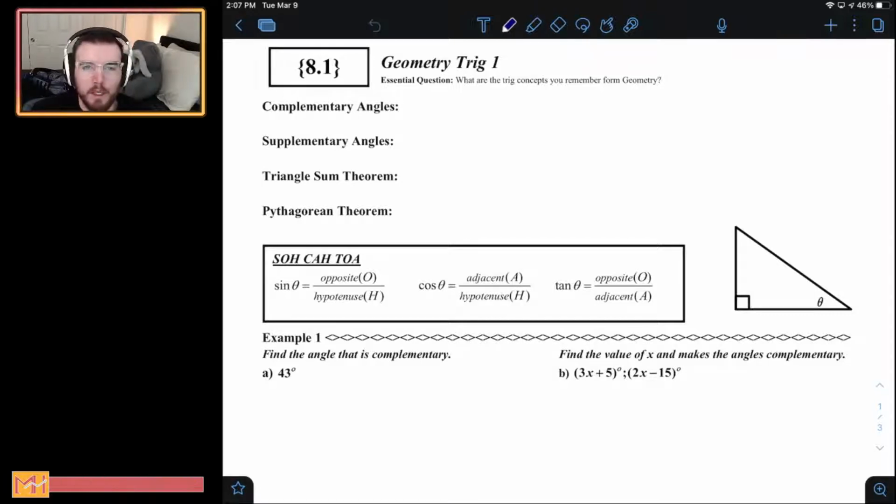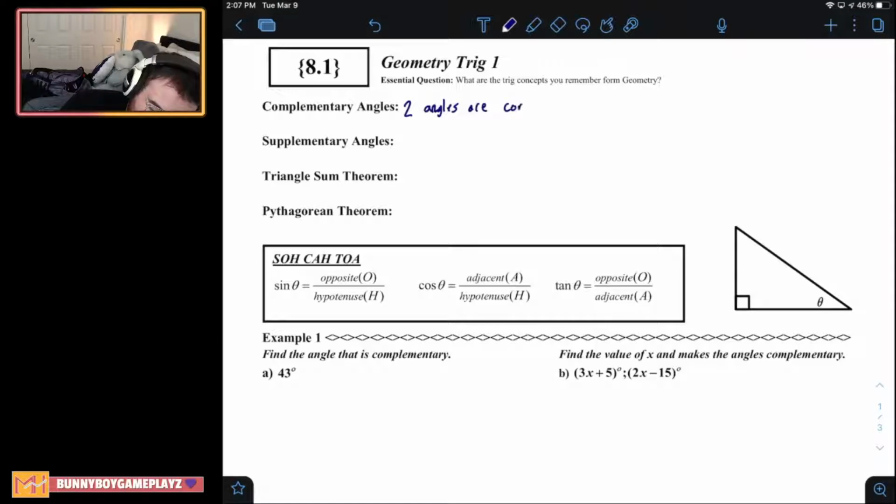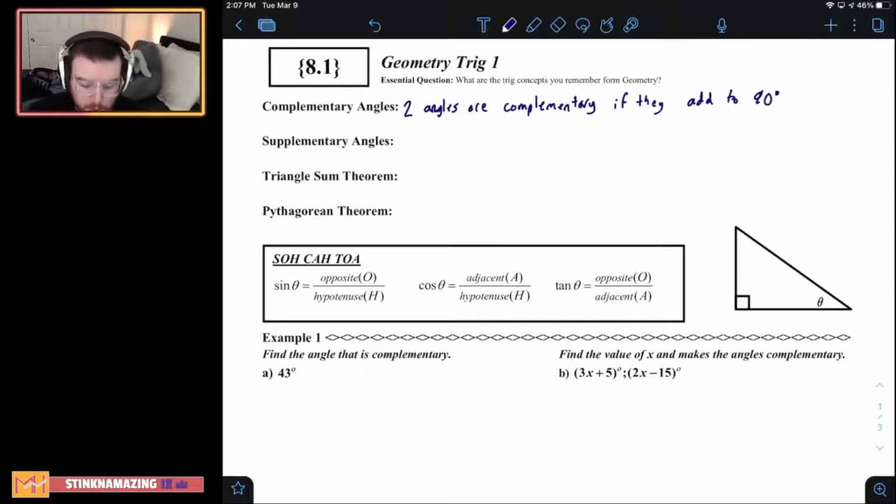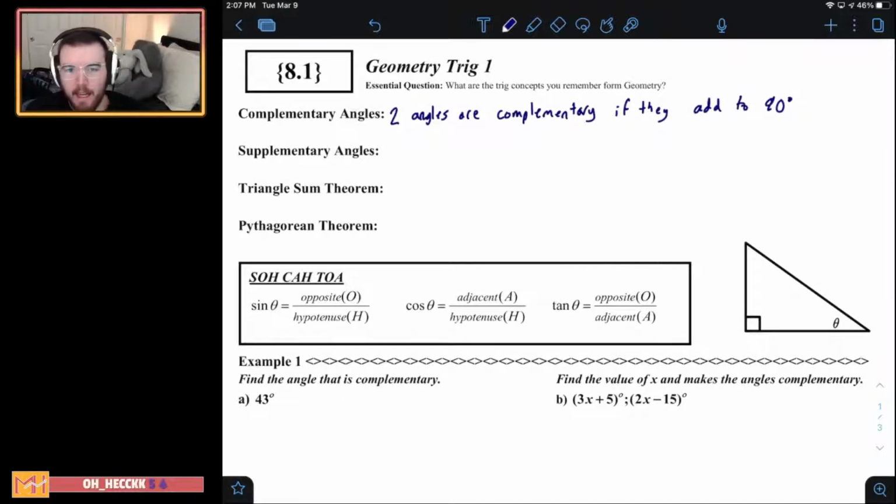Complementary angles. What does it mean for two angles to be complementary? Two angles are complementary if they add to 90 degrees. So 20 and 70 are complements because 20 plus 70 is 90.